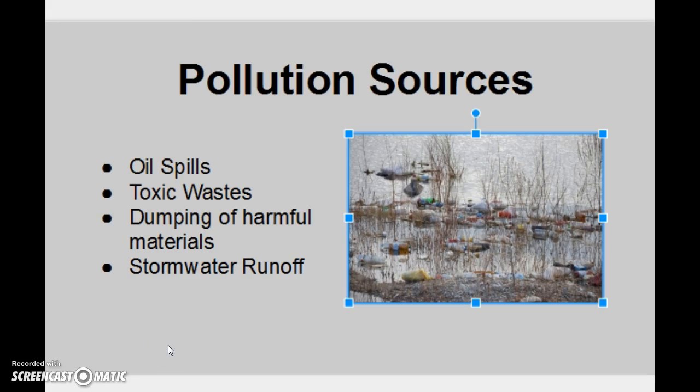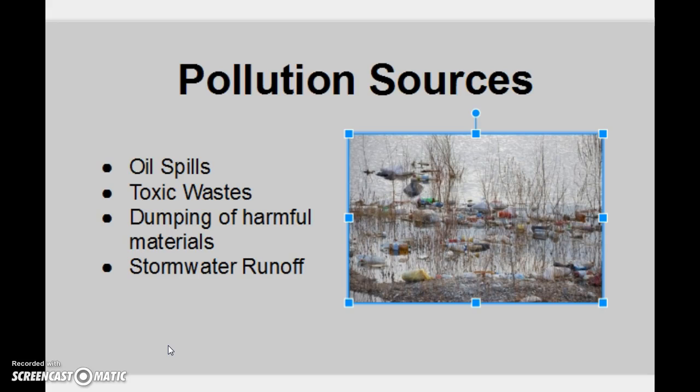So here is the first slide. I took out the border, and I just used a gray background. I put a title at the top. I titled it Pollution Sources, and then I just listed the different sources of pollution that we saw in the previous presentation.